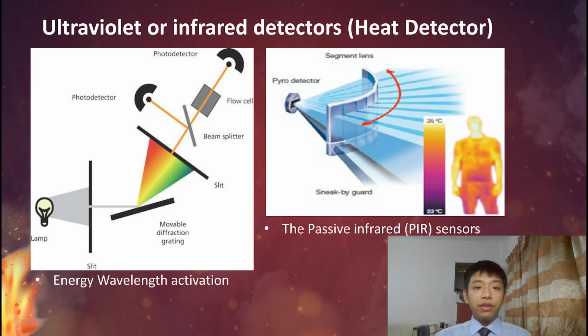Passive infrared PIR sensors are used in thermal sensing applications. They are commonly used in security alarms, motion detection alarms, and automatic lighting applications. PIR sensors use a pair of photoelectric sensors to detect heat energy in the surrounding environment.